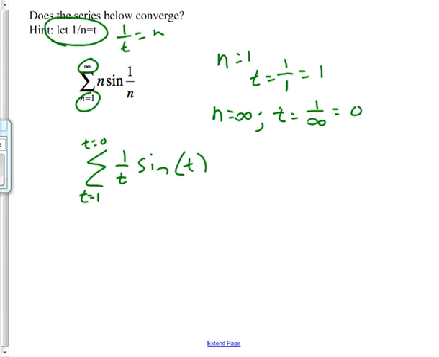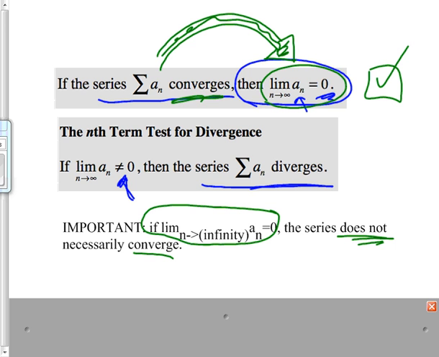Now, if I want to use the theorems that I was looking at before, the test for divergence, I want to see if the limit as n approaches infinity of a sub n equals 0 or if it doesn't equal 0.